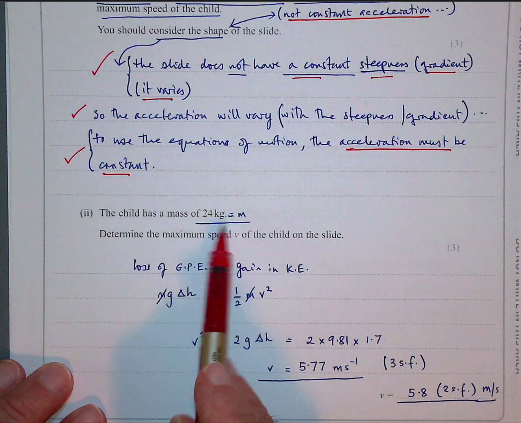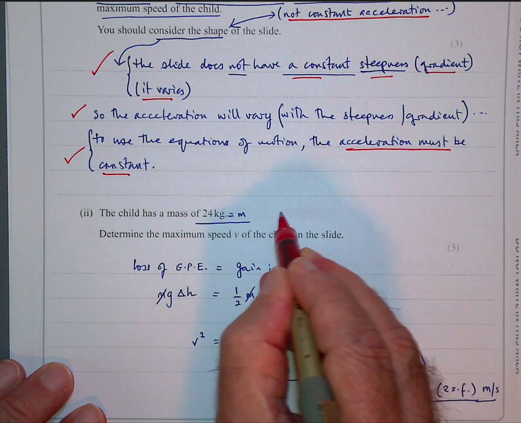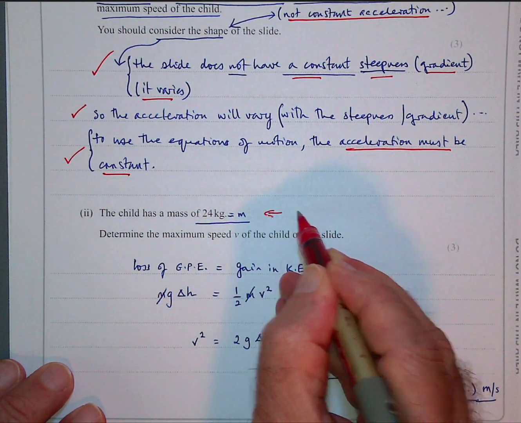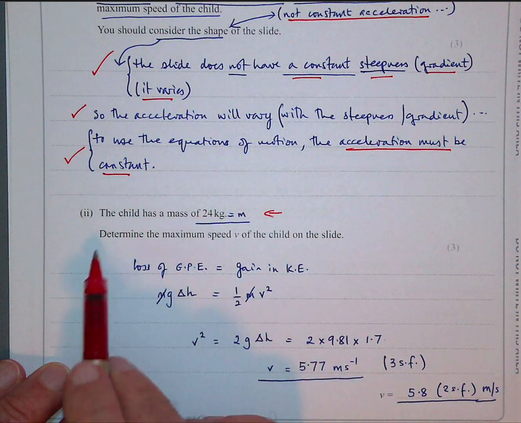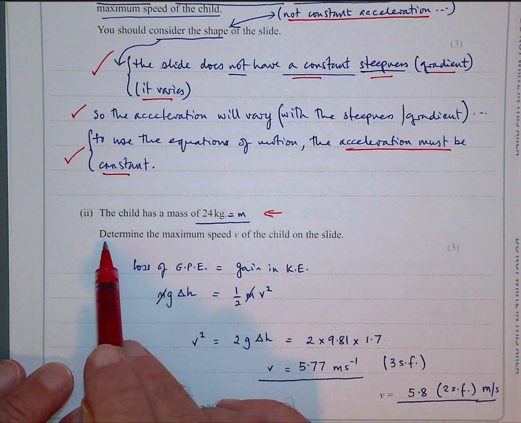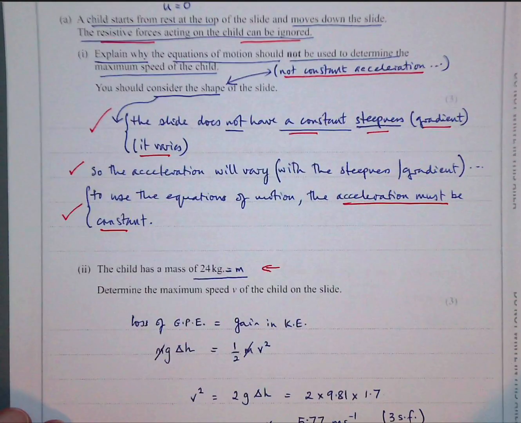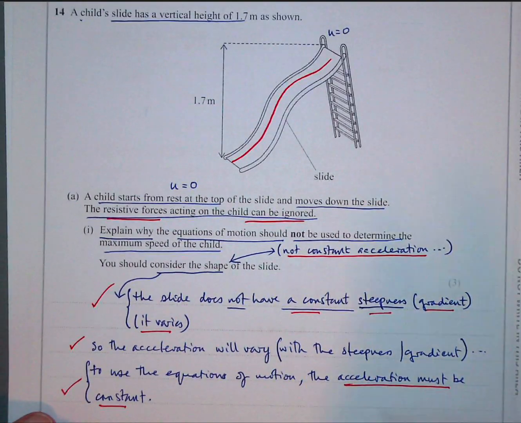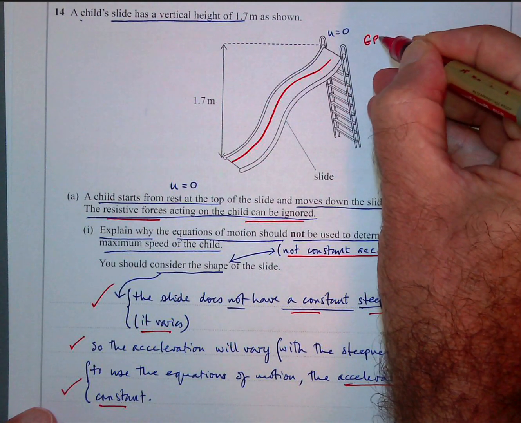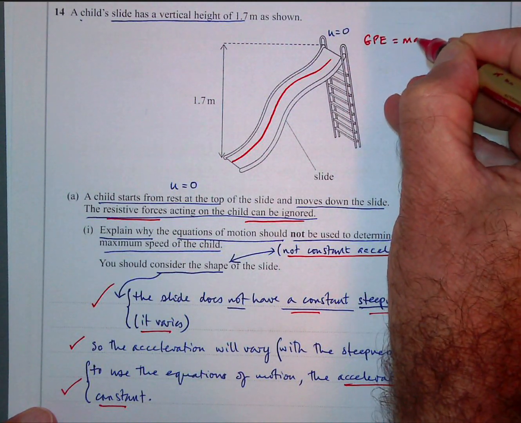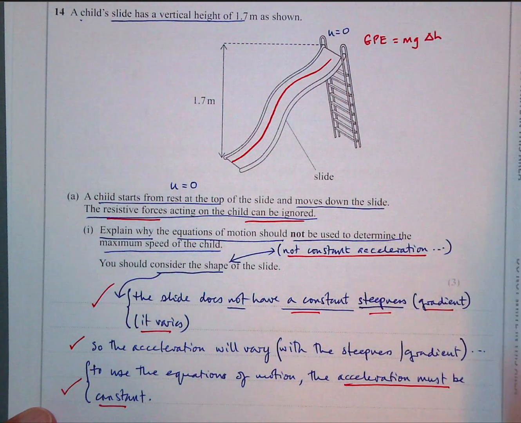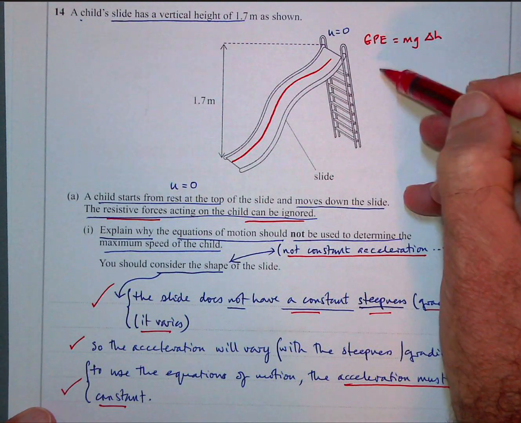The child has a mass of 24 kilograms. You don't need to know the mass to be able to work out the maximum speed. To determine the maximum speed of the child, at the top of the slide, the child has gravitational potential energy, which is mg times delta h, the difference in height, the 1.8.